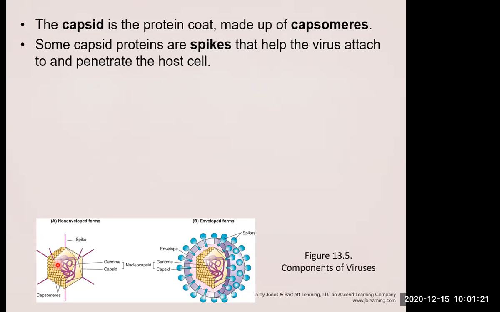So on the outside of the capsid, some viruses are going to have what's called a spike protein, and this is going to help the virus attach to a host cell. You need to attach before you can get inside. So attachment is always necessary for an infection to take place.